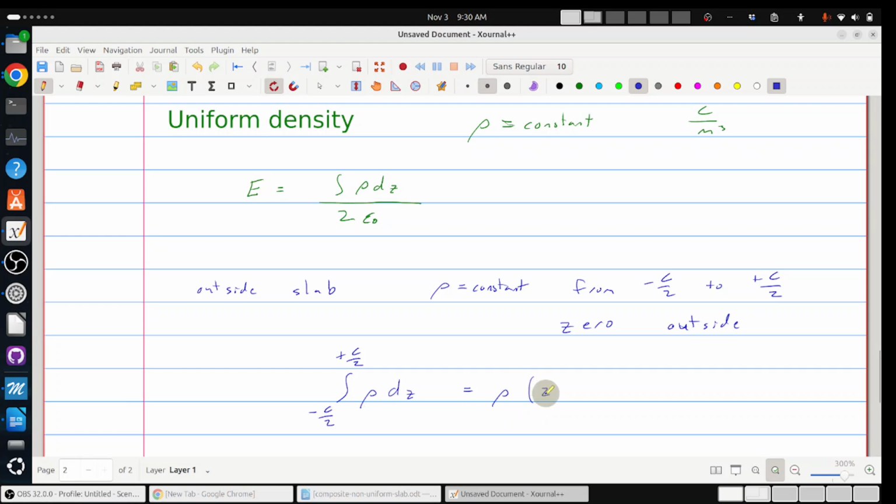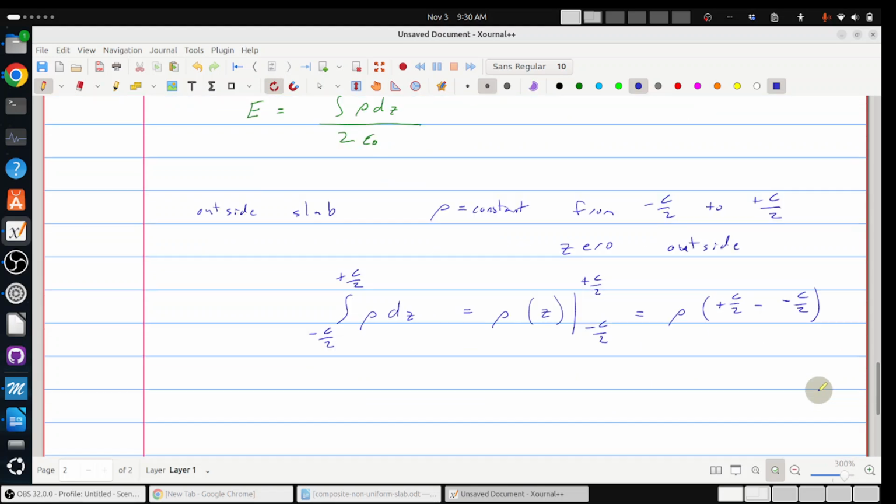The integral of dz is just z, evaluated from plus c over 2 to minus c over 2. And so that's rho times plus c over 2 minus a negative c over 2, which just gives us a value of rho times c.